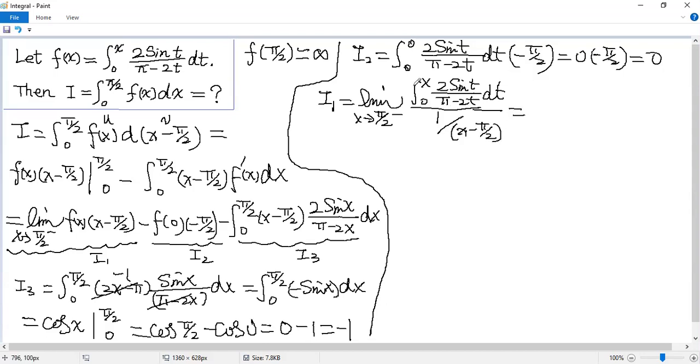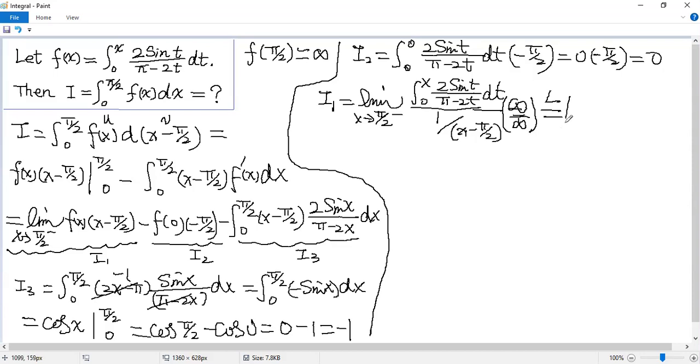When x approaches half pi from the left side, the top approaches infinity and the bottom, 1 over 0, also infinity. So this is an indeterminate form. We can use L'Hopital's rule.